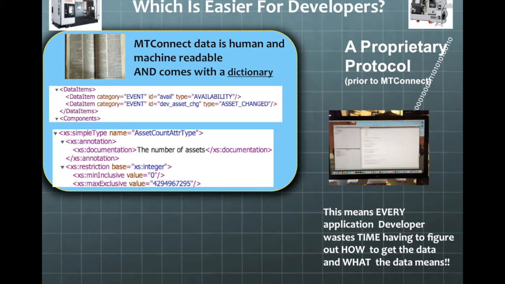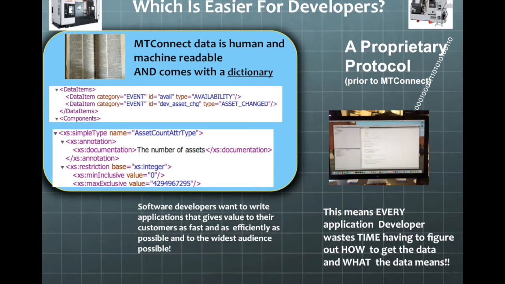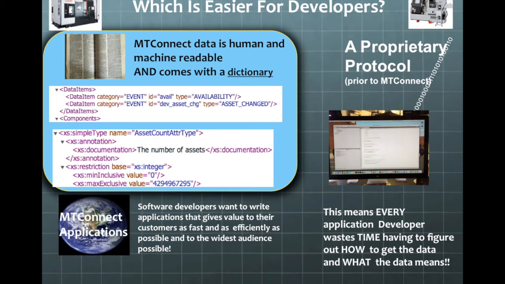This is what really differentiates it, quite honestly, from other standards that don't take that on because of the overall challenge. Software developers want to write applications that give their audience, and they want the widest audience, the best value as fast as possible.